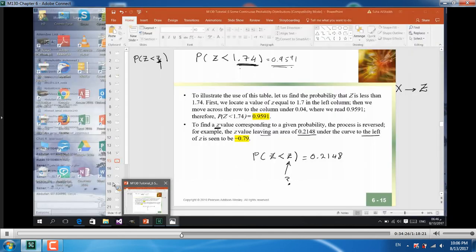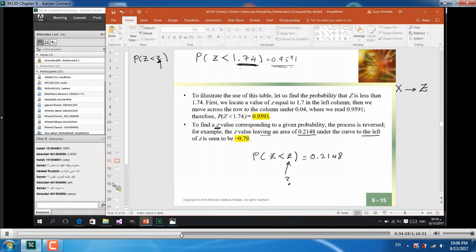Okay. So you will get that this is equal to minus 0.79. So this value happens when Z is equal to minus 0.79.